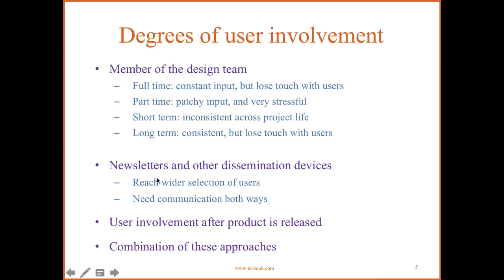There are dissemination devices like newsletters, email, and so on, or of course new social media like WhatsApp, Facebook, and Instagram communication. When you develop a prototype, for example, you can ask your friends to evaluate it or give some opinion about your proposal.